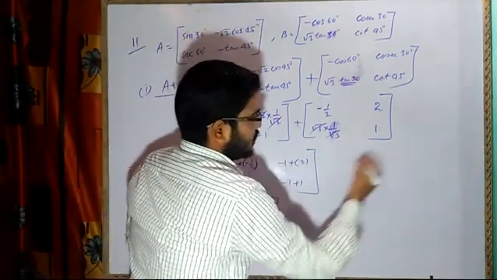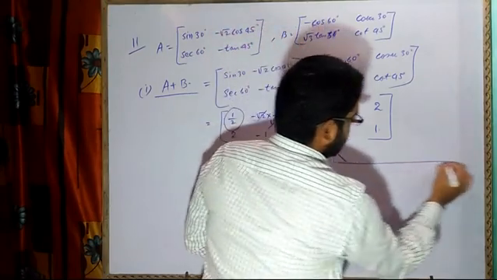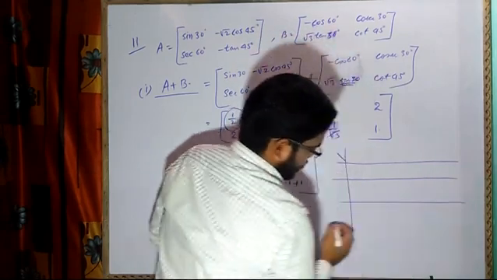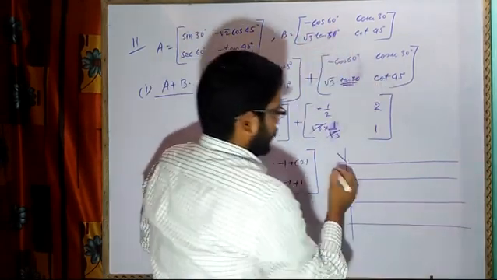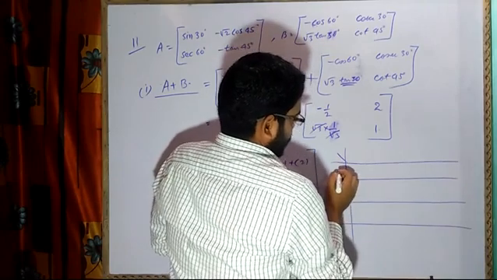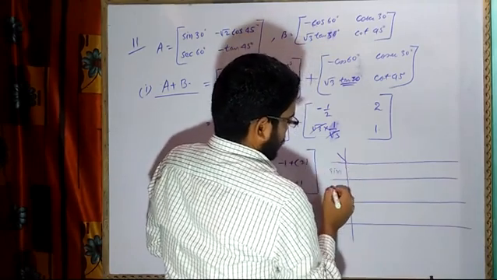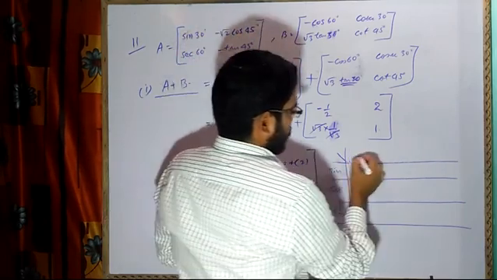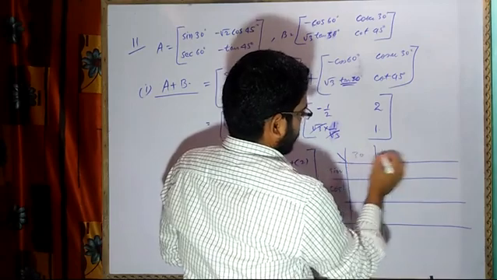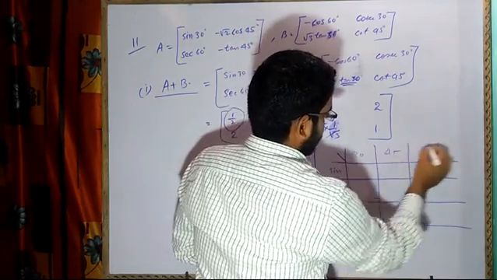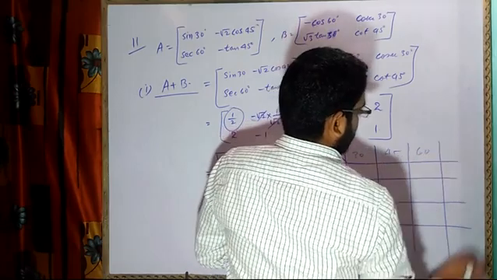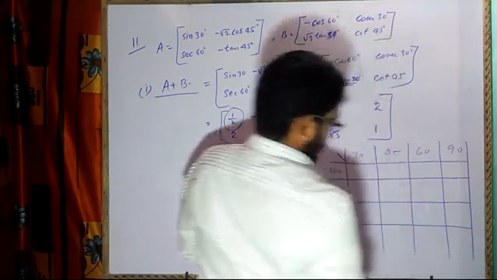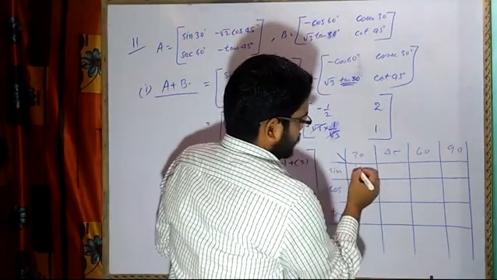Now those who don't know the table, they can write the table like this. Here we have sine, cos, tan. Now here we have 30, 45, 60, and then we have 90. Now sine 30 is 1 by 2.